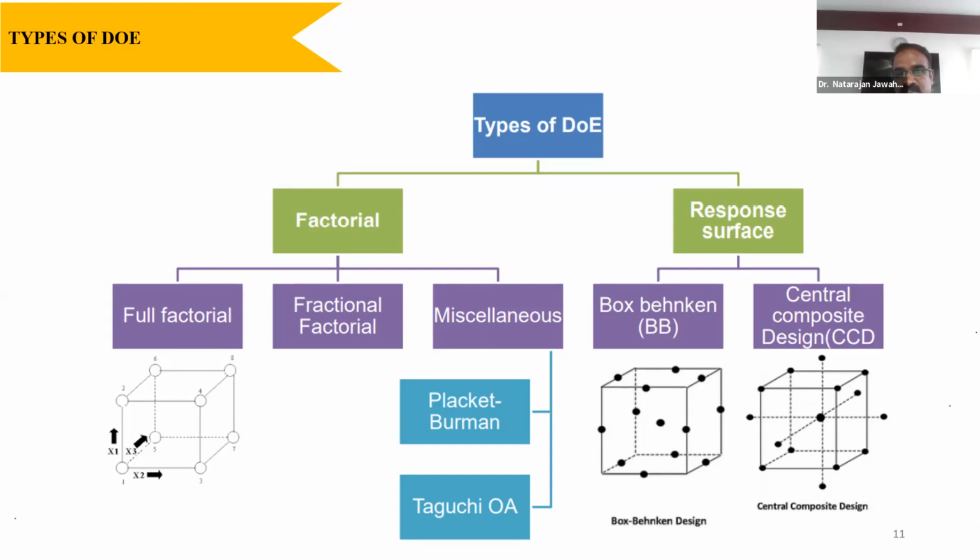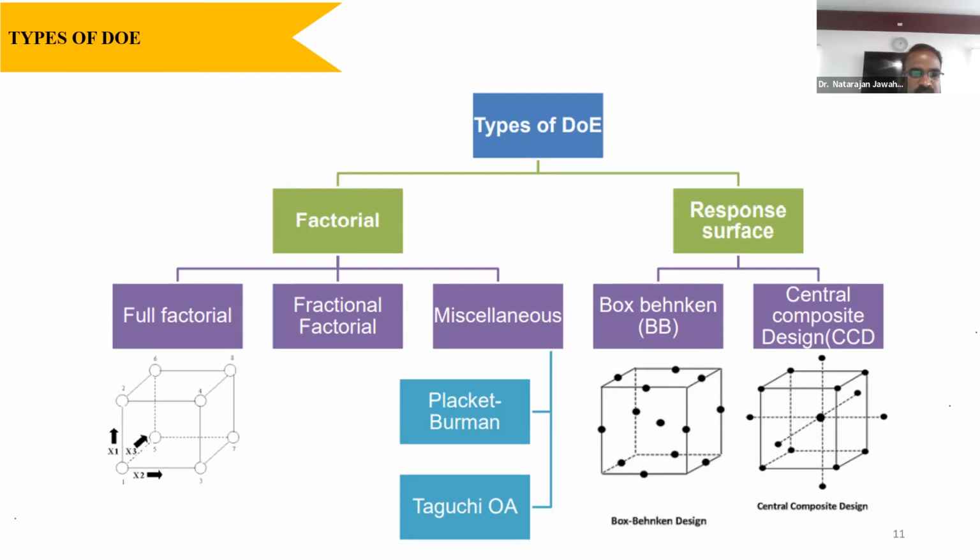And response surface method is the most common method used by researchers for optimizing their formulation. Under response surface method, we have 2 methods, namely Box-Behnken design, and another one called CCD, or central composite design. So these 2 designs are used.